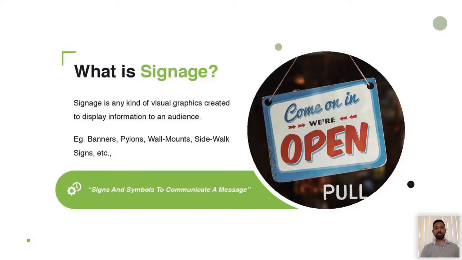The classic way of signage is using banners, pylons, wall mounts, and printed banners all over the country. We can see posters on the walls and sidewalk signs, like the directions to go into some places or shops.